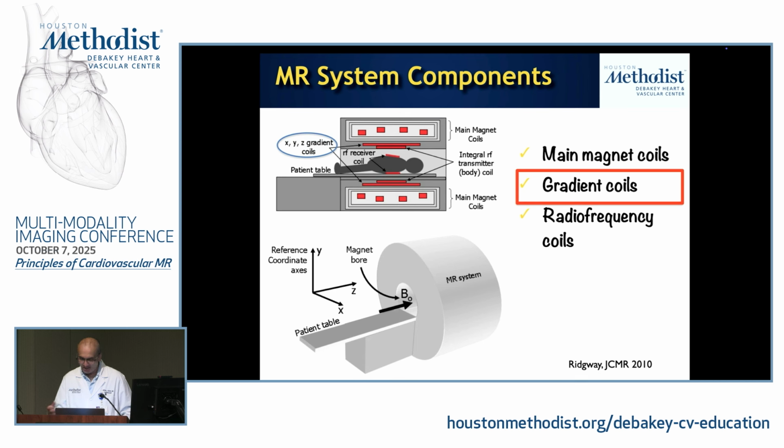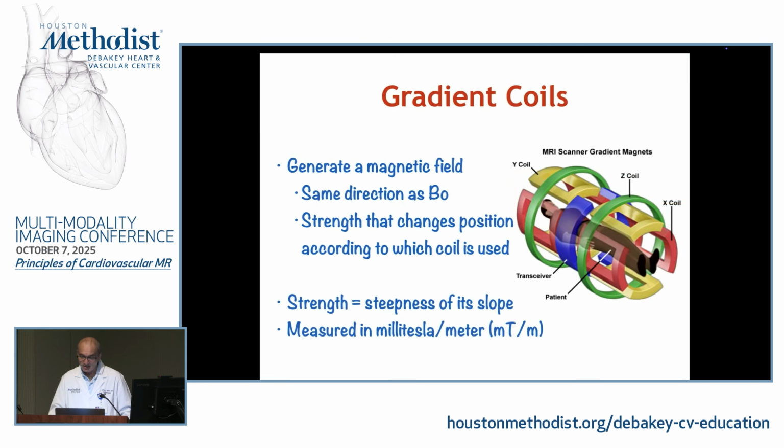That's a foundational strength, I think, of MRI compared to other cross-sectional imaging techniques like CT, where with MRI, you can pick any imaging plane you want. With CT, you can only acquire the axial plane, and then you can reconstruct, stitching those images together, to different planes.